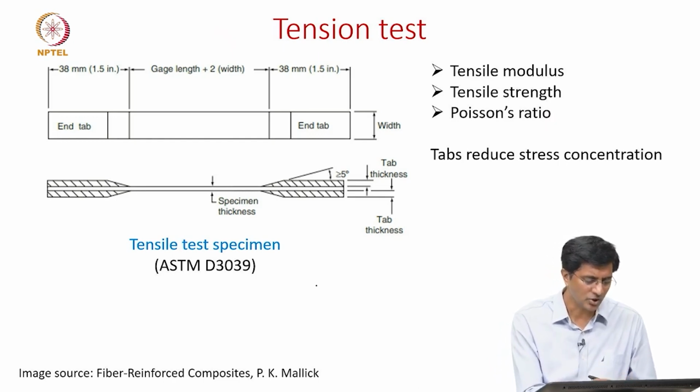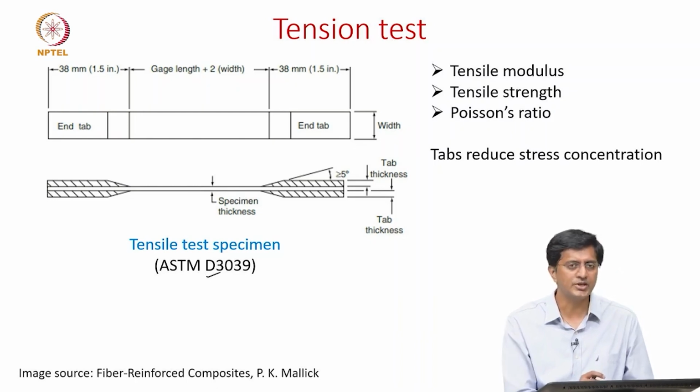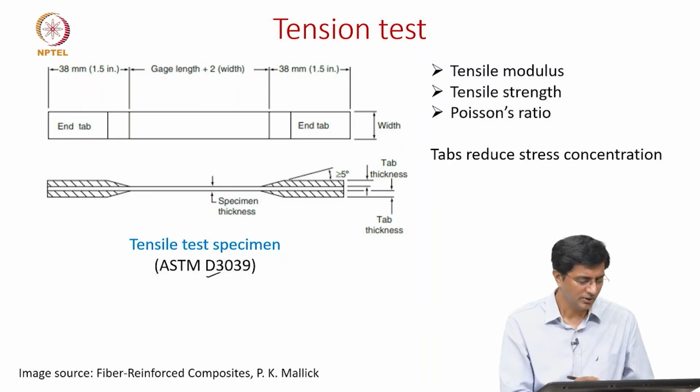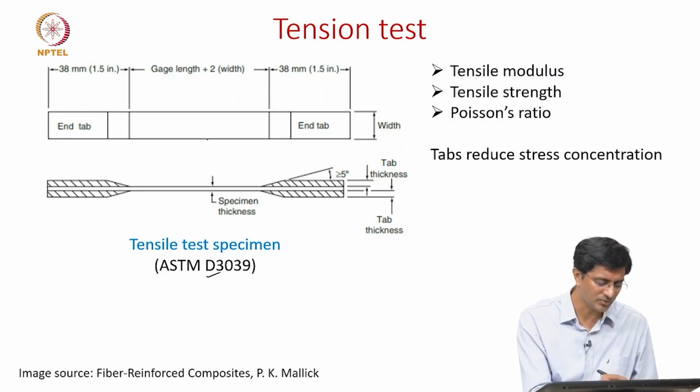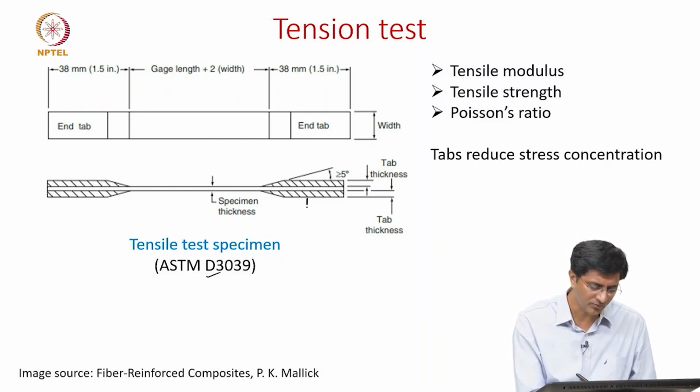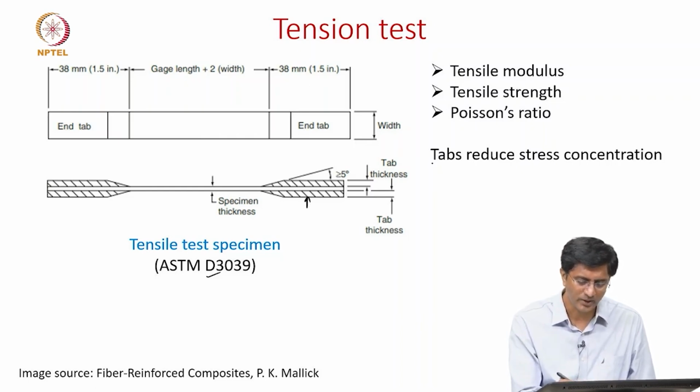So here is the geometry of the specimen, and this is according to ASTM standards. In addition to this standard, there are several other standards one can follow to test the tensile properties of a composite laminate. Here we have a rectangular specimen where the cross section again is a rectangle. As you can see here, towards the end of the specimen, we have tabs. Why are tabs used?